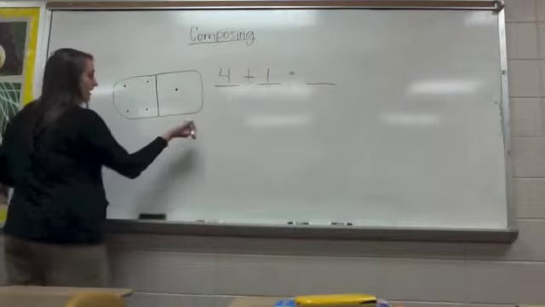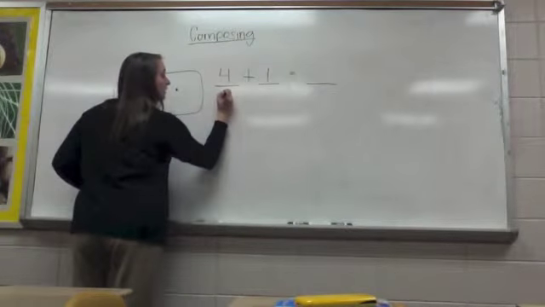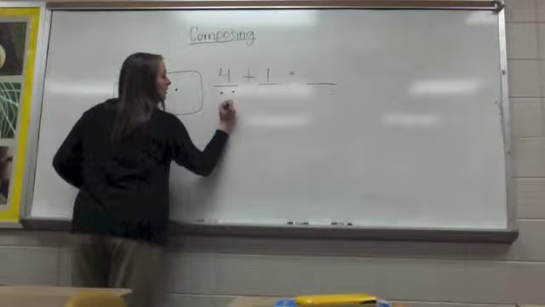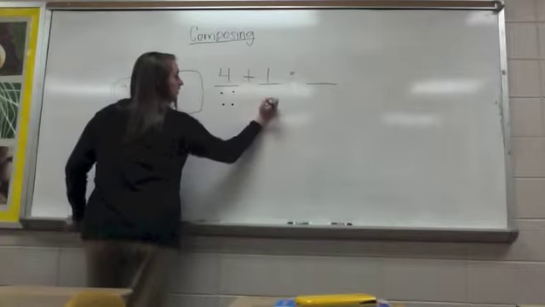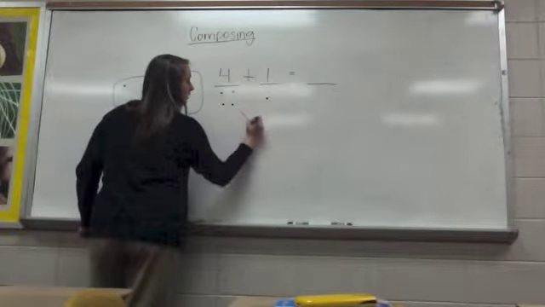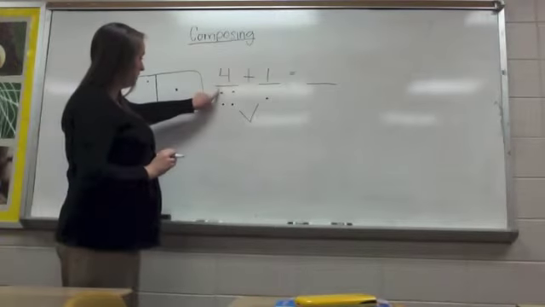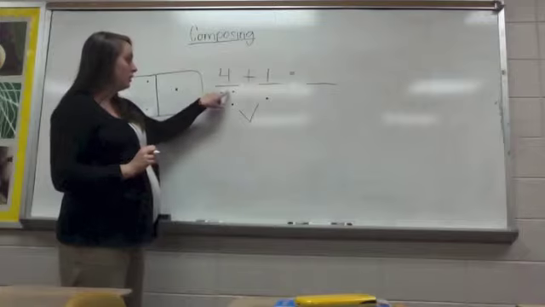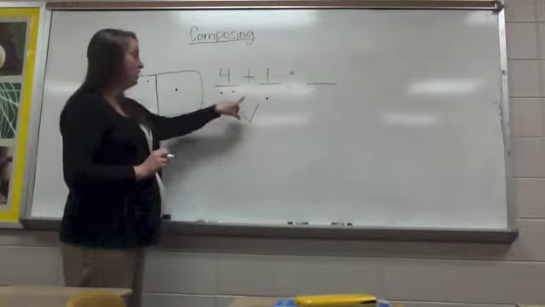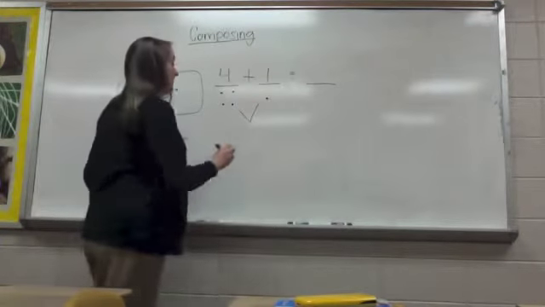Okay, so let's do that. We have 1, 2, 3, 4, and then 1. We take them and put them together. So count with me. 1, 2, 3, 4, 5. We have 5.